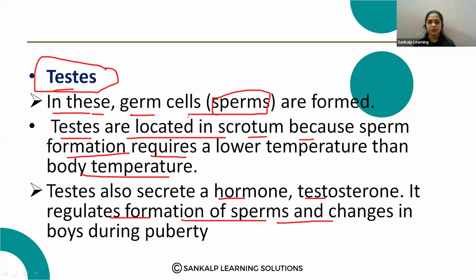First, it produces the germ cells, sperms, and since the formation of sperm requires a lower temperature, it is located inside the scrotum. It produces the testosterone hormone that regulates the formation of the sperms and is also responsible for the changes that occur in puberty in boys, or you can say males.